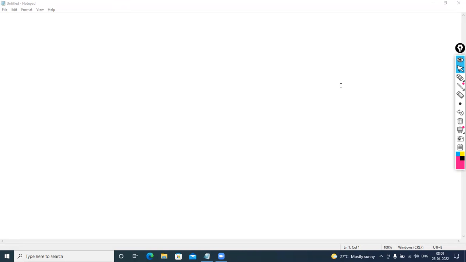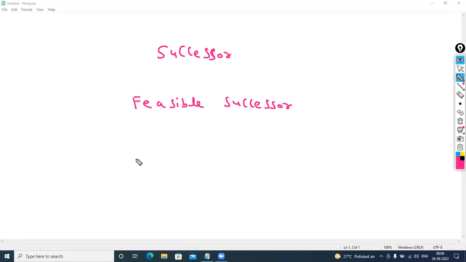So, in the previous class, we started with the EIGRP protocol and we discussed successor, feasible successor, advertised distance, and we also discussed feasible distance.